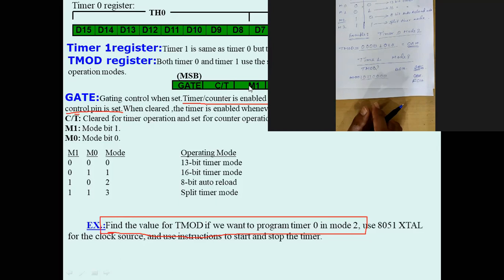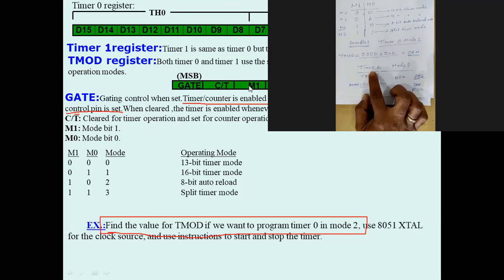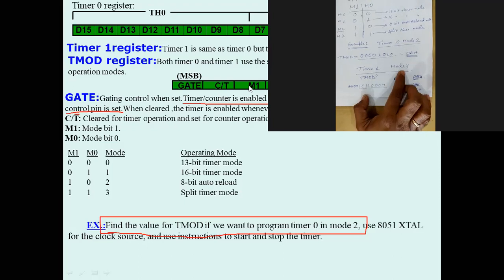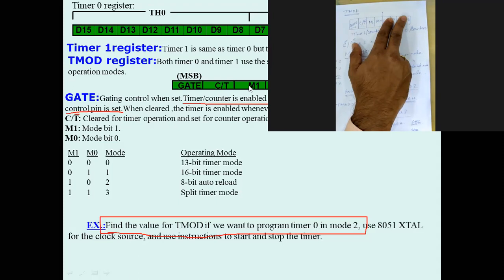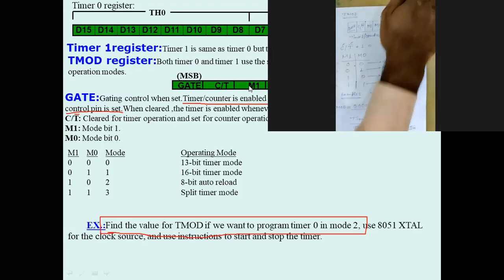Is that clear to all the people? Aditya, is it matching with you? Yes, sir, B0H is matching. F0H is not matching. So I'm repeating once again. We are using timer 1 mode 3. Timer 1 means this part will be considered and this will not be considered, so forget about this and take it as all 0.